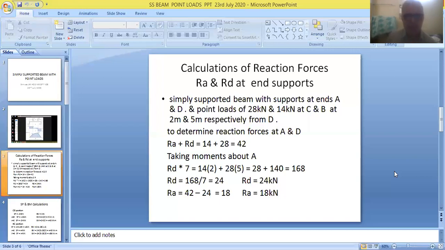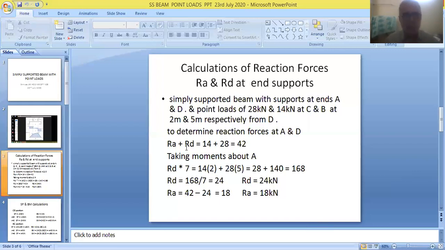So friends, sigma V is 0. That is one of the conditions of equilibrium. So RA plus RD is written as 14 plus 28. Sigma V equal to 0 means the sum of all the downward forces must be equal to the sum of all the forces acting in the upward direction.